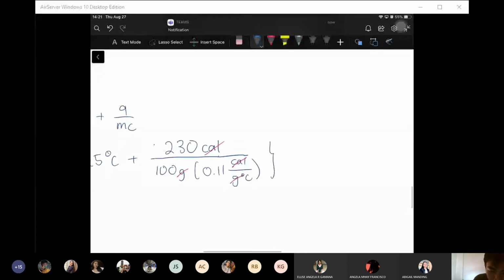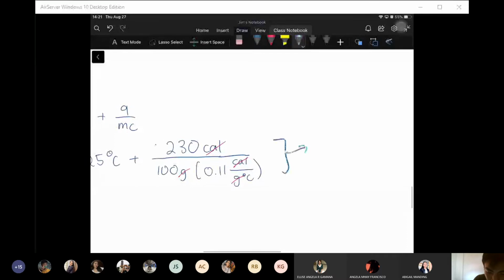Dito sa part na to, focus tayo. If we are going to write the units only, not the number, we can write that as calories divided by grams times calories per gram degrees Celsius. We can cancel calories. We can also cancel grams.